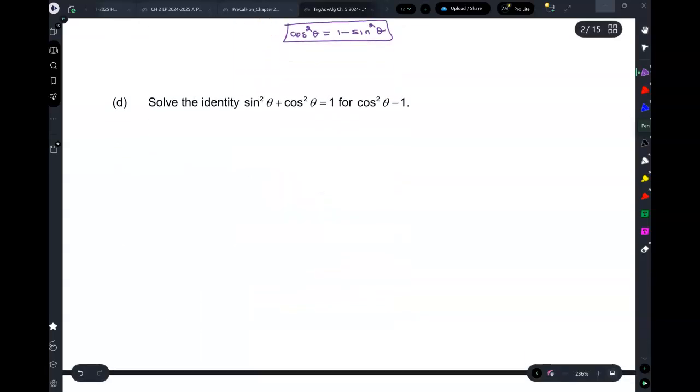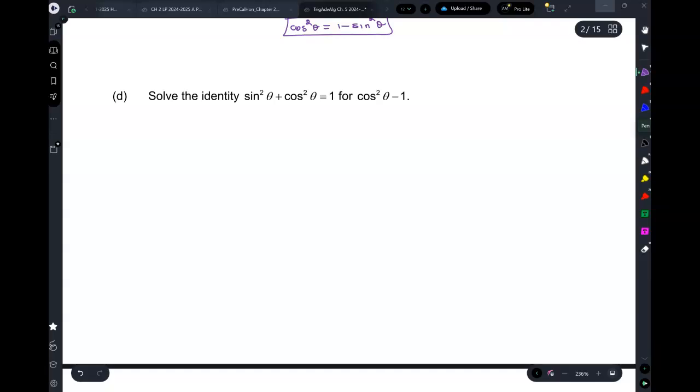Thank you. Okay, solve the identity for cosine squared theta minus 1. So let's rewrite this. Now we want cosine squared theta minus 1. This is a two-stepper again.